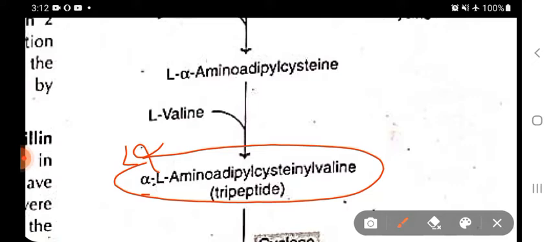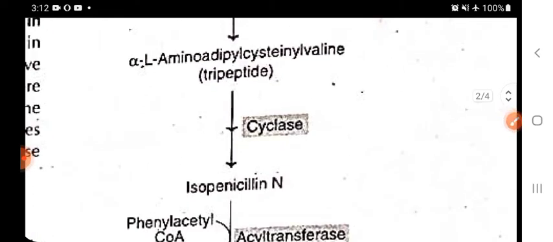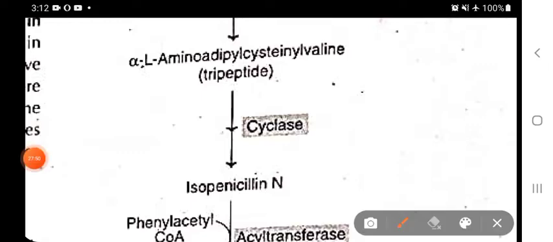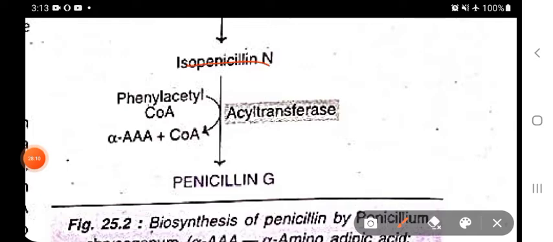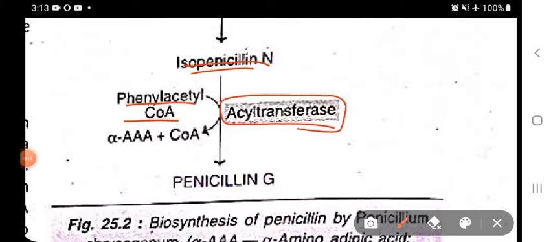Now, this L alpha amino adipic cysteine valine undergoes cyclization catalyzed by the enzyme cyclase to form isopenicillin N. Isopenicillin N then reacts with phenyl acetyl coenzyme A in the presence of the enzyme acyl transferase to form penicillin G.